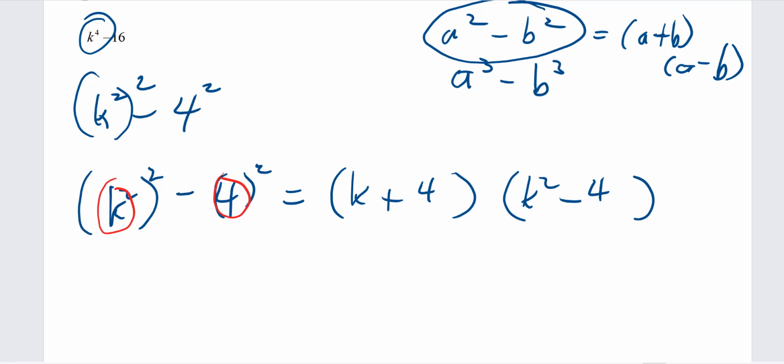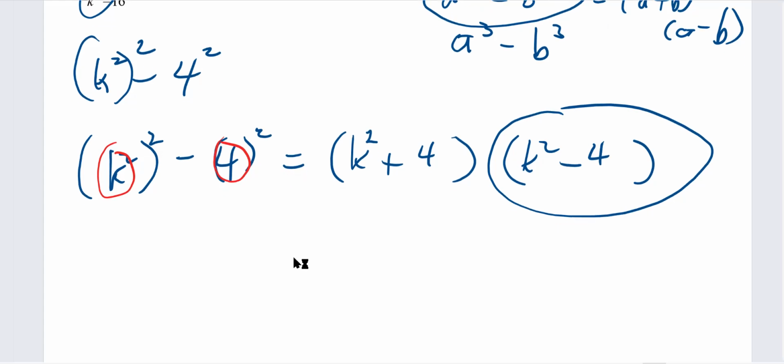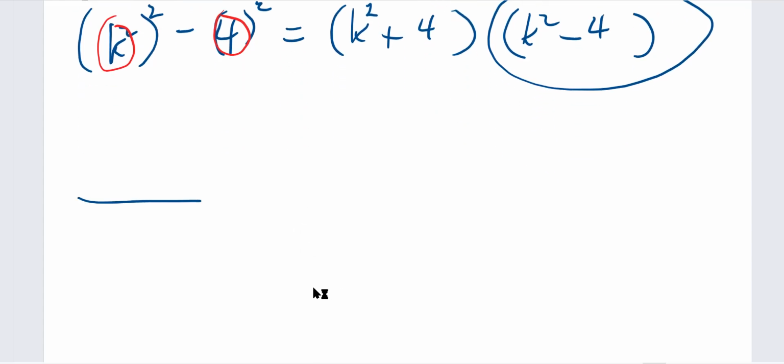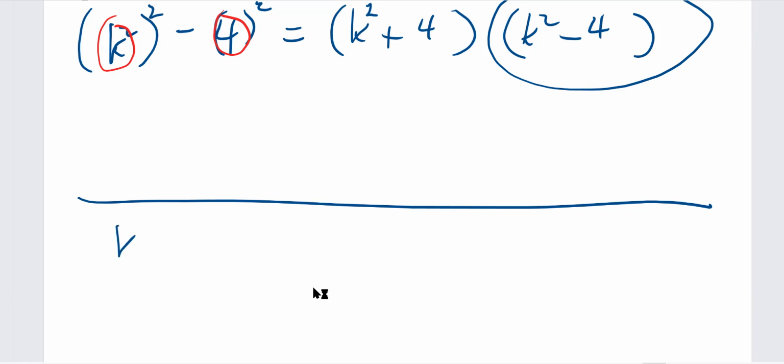We don't know any way to factor this portion any more than it is, so that's not going to end up changing. But we can factor this. We can factor that because that's a square minus a square. So let me leave a little room here. We're going to look at how you would factor k squared minus 4.